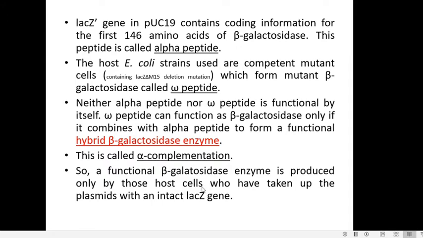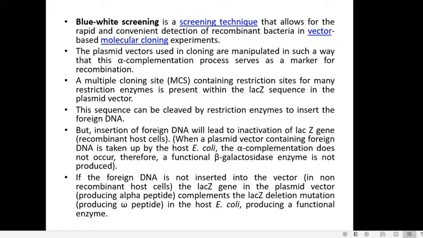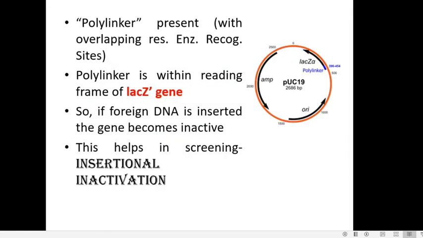Now we move on to an experiment where you are using pUC19 as the vector. So here you have the foreign gene which is cut with EcoRI. You cut the foreign gene with EcoRI, and you have to cut the vector also with EcoRI. It is present here. Suppose it is cut here. The foreign gene is inserted here.